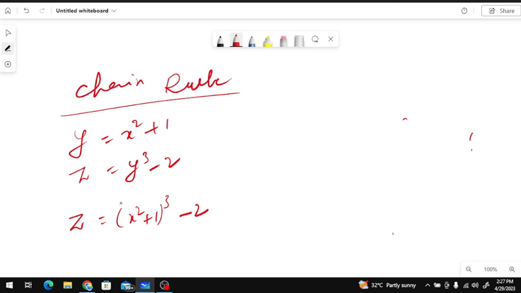We have substituted this value, and this is the substitution method. After substitution, let's find the derivative of z with respect to x, dz by dx, where z is (x squared plus 1) whole cubed minus 2.